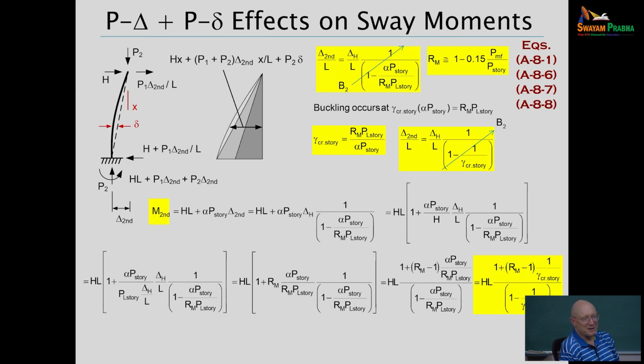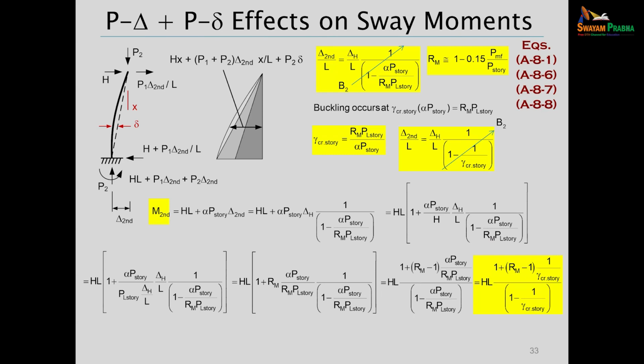Now, if you're extraordinarily observant, you will say, oh, that amplifier looks a lot like the first amplifier we did yesterday, where we had a 1 plus psi PU over PE1. So RM minus 1 is kind of analogous to the psi term that we first looked at with the P small delta amplifier yesterday.